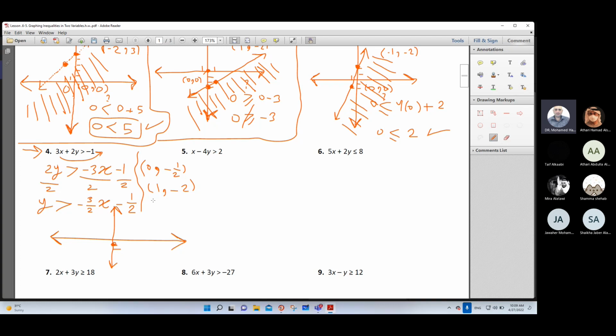Then 1, negative 2. Here negative 2, here 1. So the second point will be here. And as you see, we don't have an equal in the sign, means use a dash line.